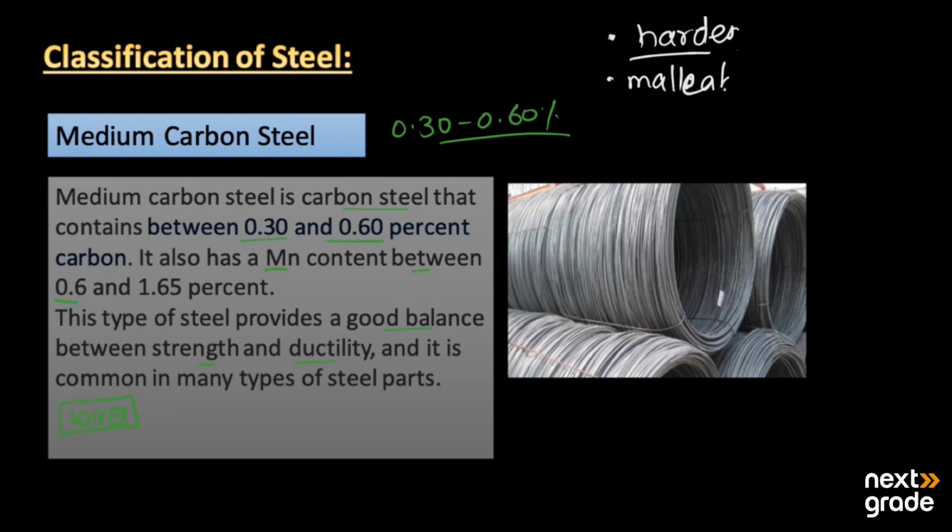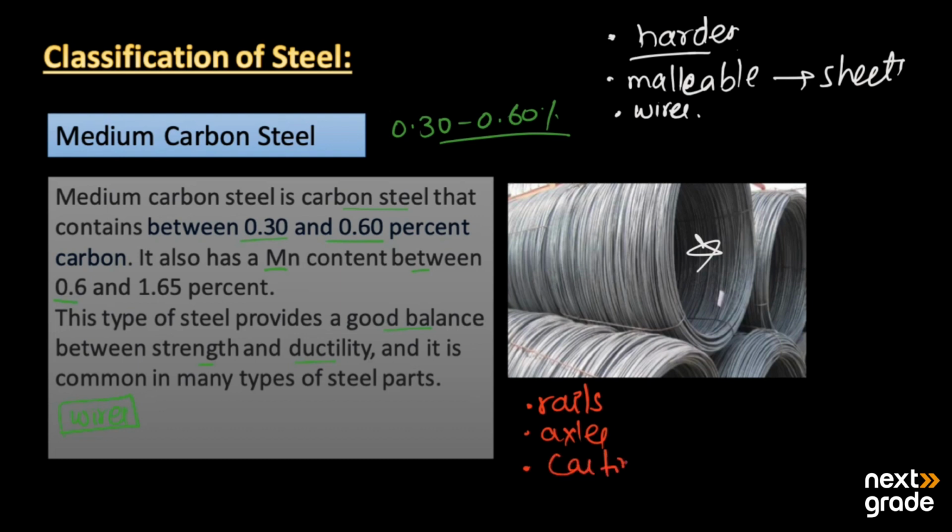Malleable means it can be easily converted into sheets as well as wires. The main uses of medium carbon steel are in making different types of rails and axles, as well as in the process of casting. These are the three main uses of the medium carbon steel.